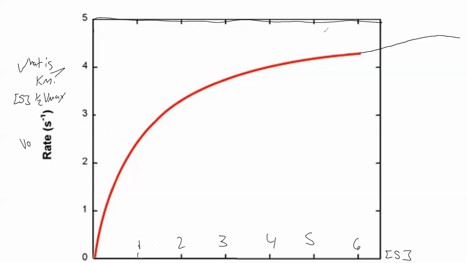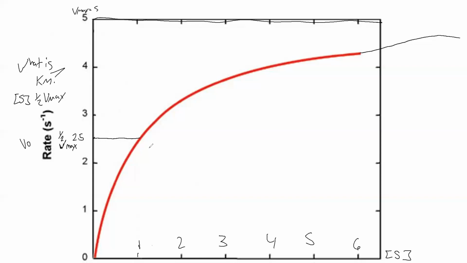And so we have to do our best to estimate Vmax. So I'm going to say Vmax is roughly 5. That means 1/2 Vmax would be 2.5. So to find the value of Km, what you do is you start at 1/2 Vmax, which is what this 2.5 value is if Vmax is 5.